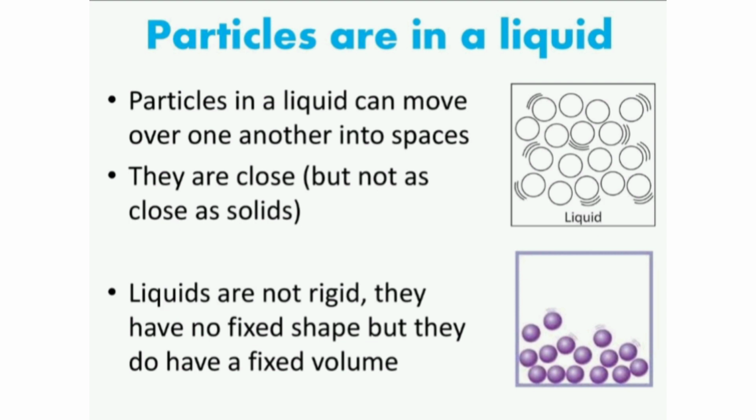Particles in a liquid can move over one another into spaces. They are close. They have no fixed shape, but they have a fixed volume. So, liquids are less dense than solids.